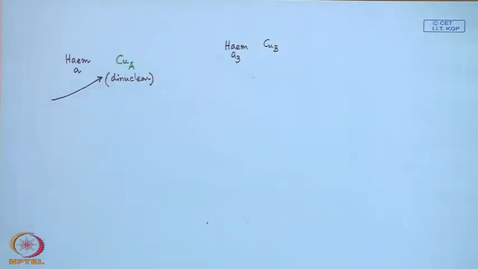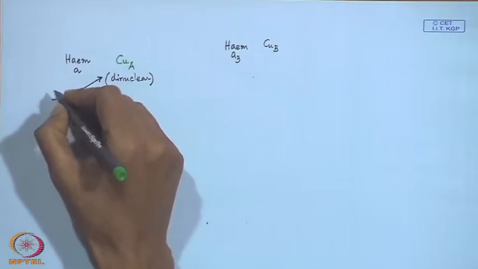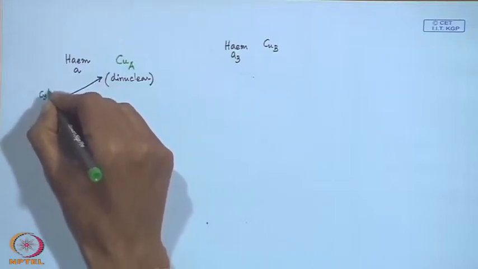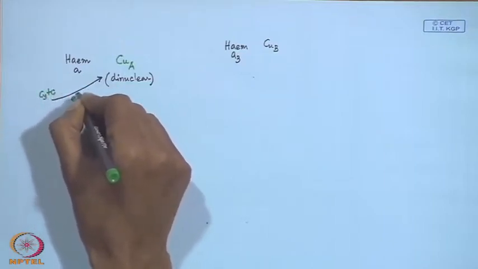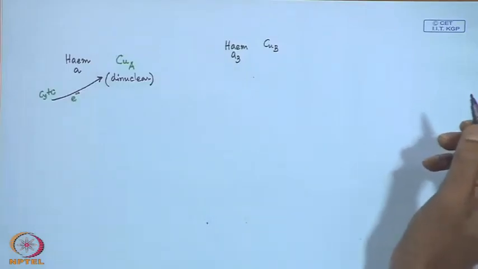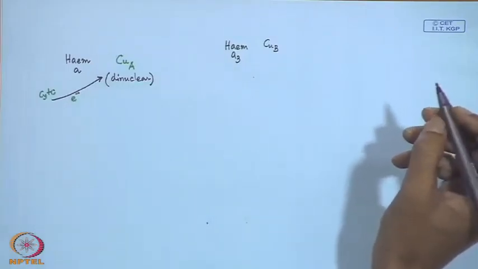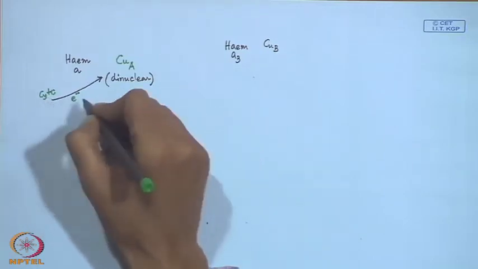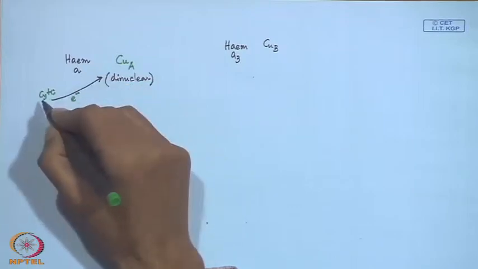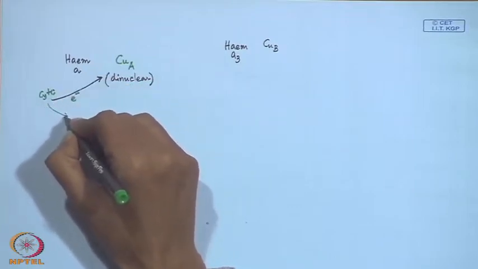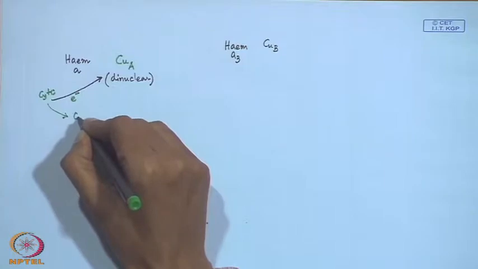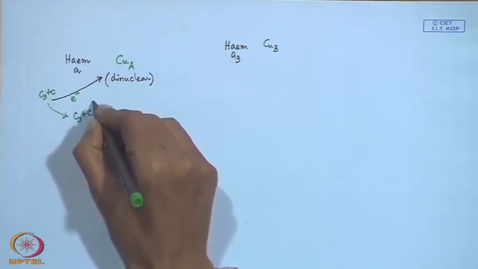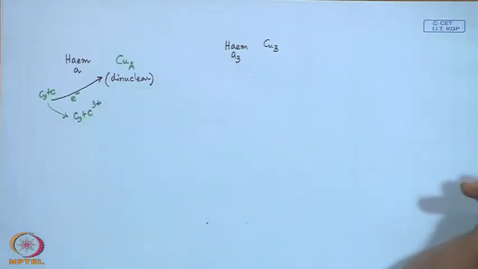So, this particular copper A site is basically receiving the electron from cytochrome C, and which is therefore responsible for the oxidation. When it is receiving the electron from cytochrome C, this cytochrome C will be converted to cytochrome C ferric based, means cytochrome C 3 plus.